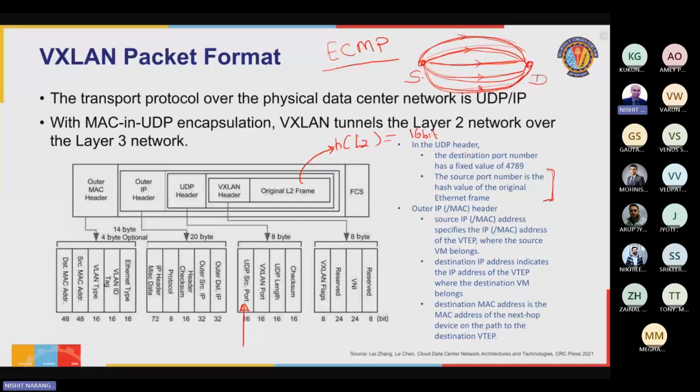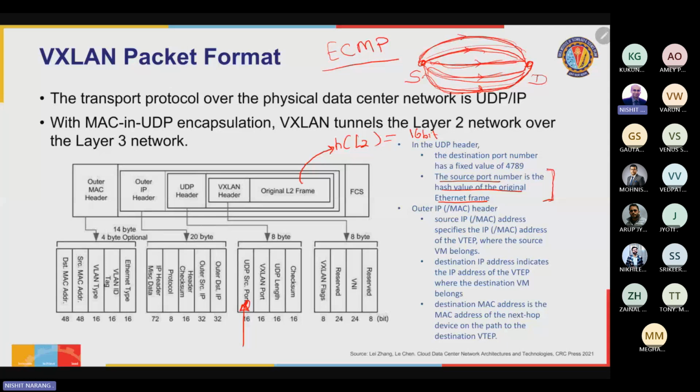It basically uses the source port as the hash value of the original Ethernet frame so that this port value keeps on changing. And therefore, ECMP in the underlay network will see these differing UDP ports and send the traffic over multiple equal cost paths. It will distribute the traffic across multiple equal cost paths, thereby better utilizing the underlay network. Okay, that's how the UDP port number is chosen.